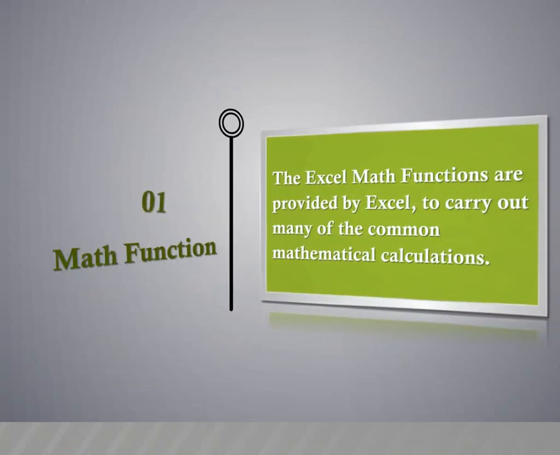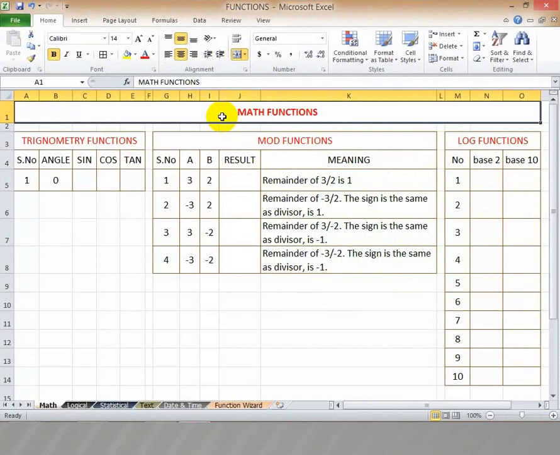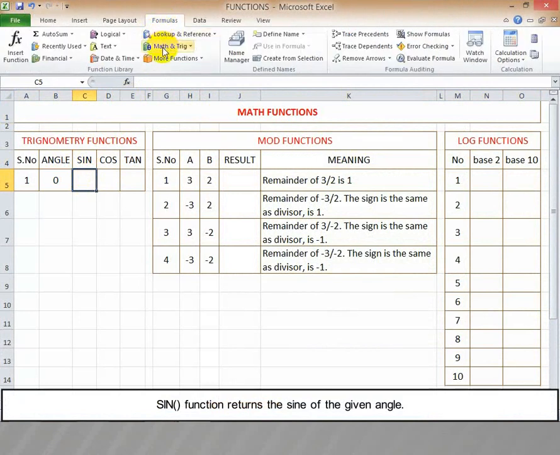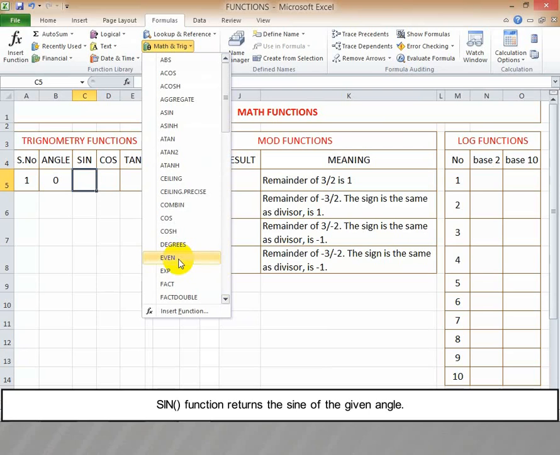Math function. The Excel math functions are provided by Excel to carry out many of the common mathematical calculations. Sine function. Sine function returns the sine of the given angle.